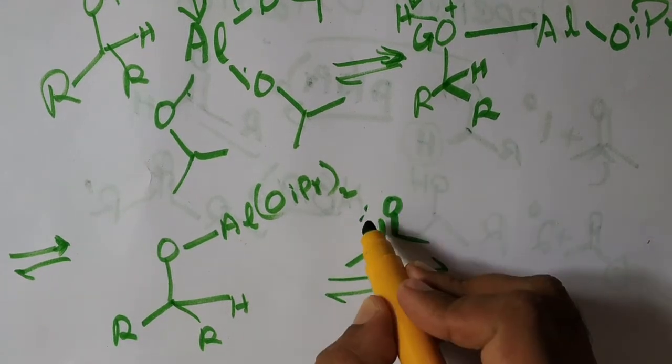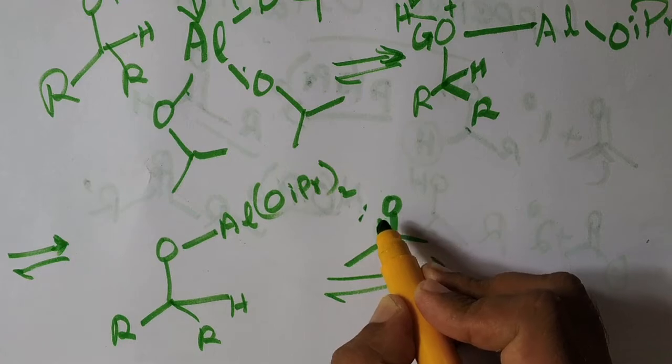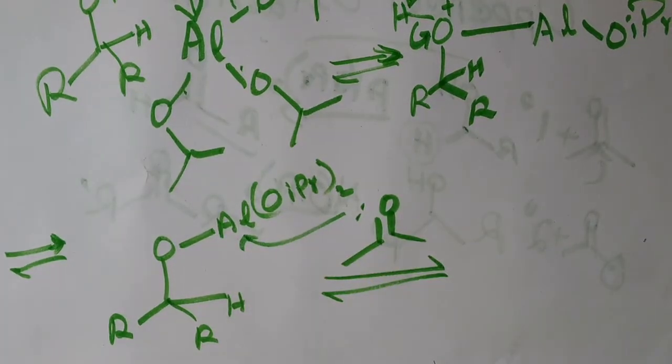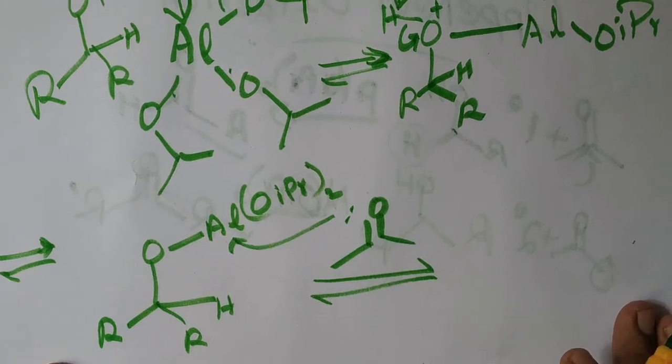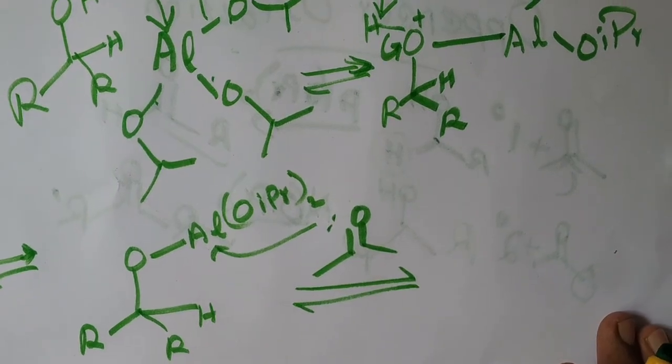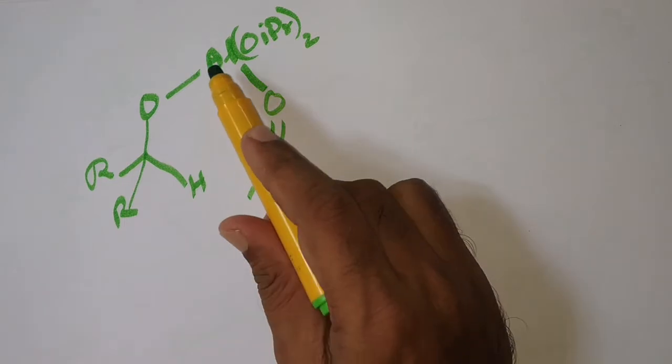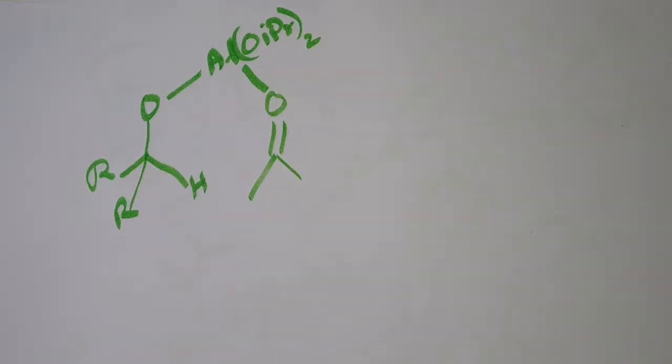So this ketone has lone pairs on oxygen. One lone pair could attack this aluminum. Let's throw it like that using the curved arrow. And we will have an interesting structure after this. So when our ketone makes a bond with aluminum, we have a structure like this.